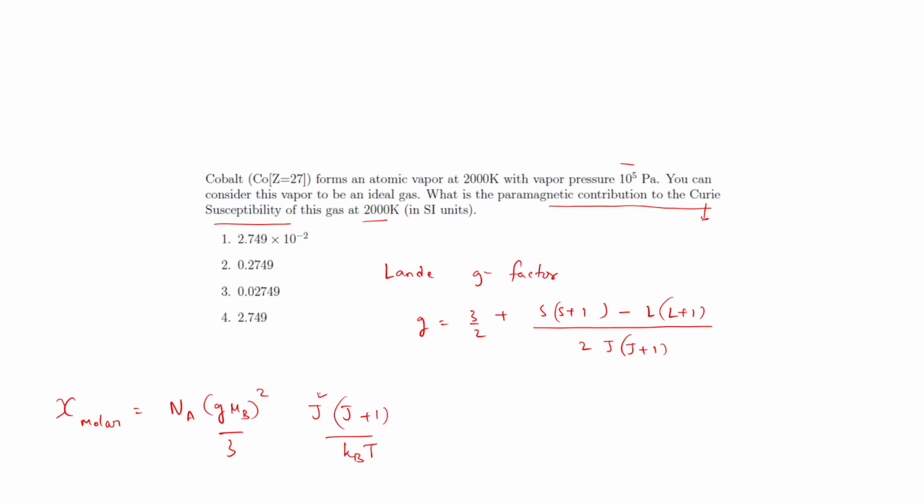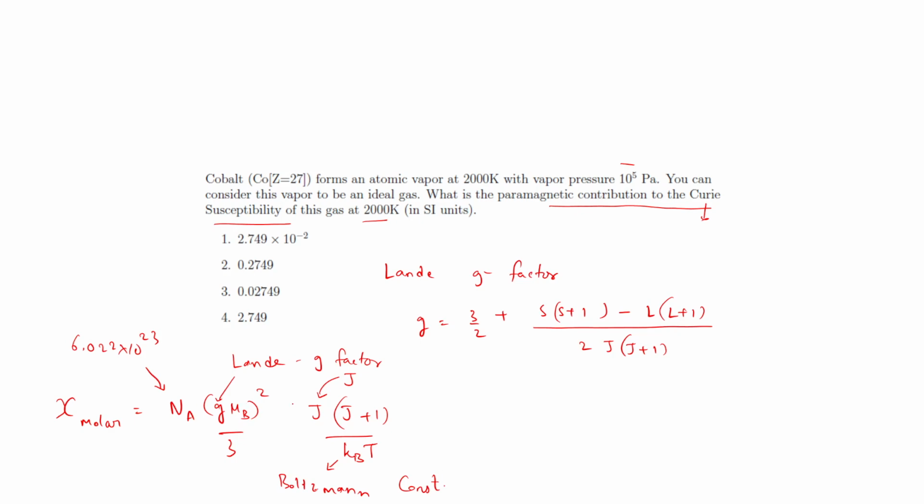So basically you need to find what is this G, the Lande G factor. We have to find the total angular momentum, and mu B is the Bohr magneton, and N_A is Avogadro's number, 6.022 times 10 to the power 23. The temperature is given in the question, 2000 Kelvin, and k_B is the Boltzmann constant.